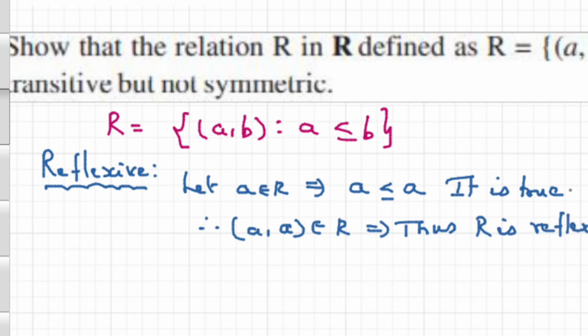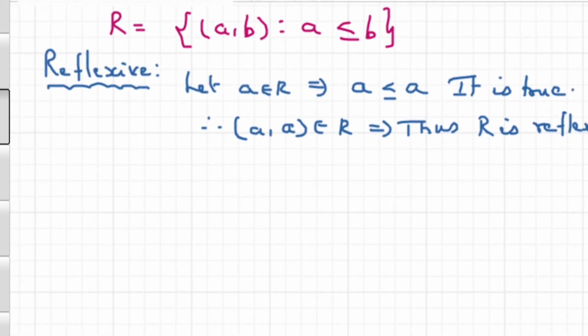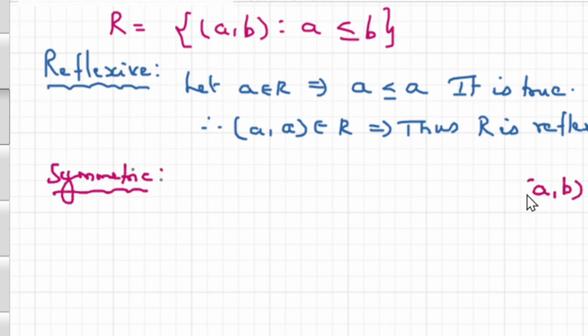Next, we are going to prove the symmetric condition. In this, we are going to have A comma B, two different elements. We check whether A comma B belongs to R, and then whether B comma A also belongs to R; if so, then it is symmetric.